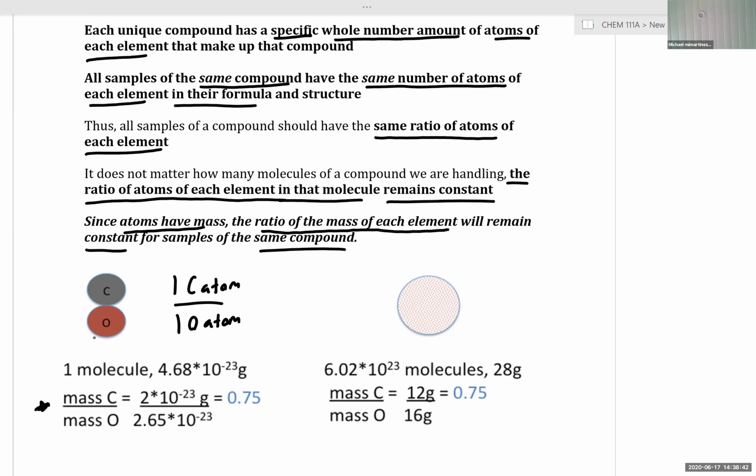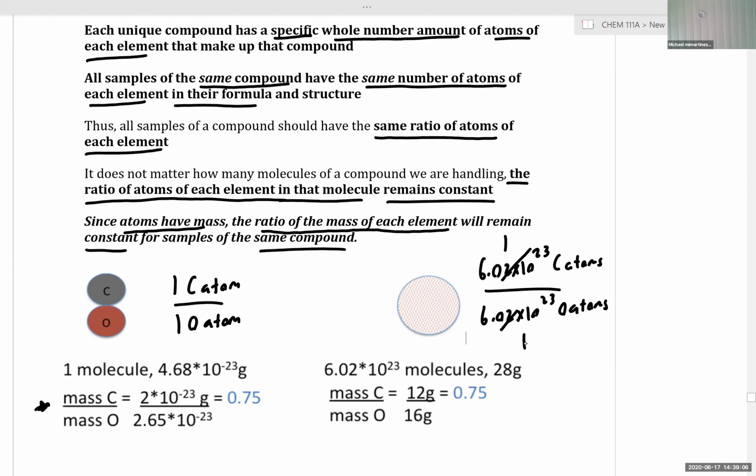So if we scale this up and we look at a very large number of molecules of carbon monoxide, we know that we have 6.02 times 10 to the 23rd carbon atoms over 6.02 times 10 to the 23rd oxygen atoms. And this just simplifies to 1 to 1.